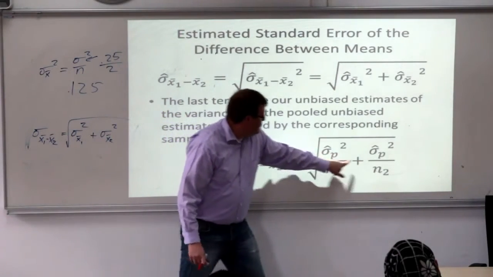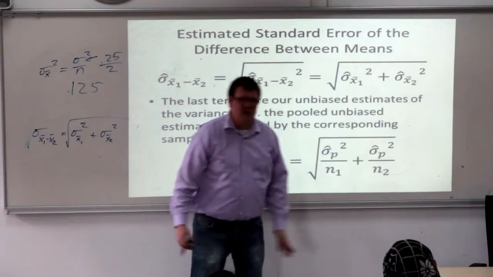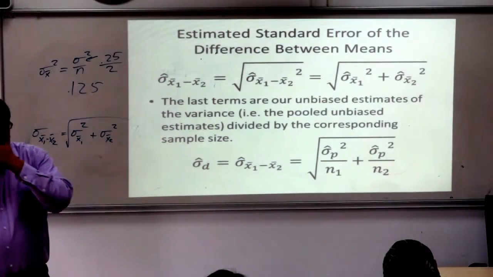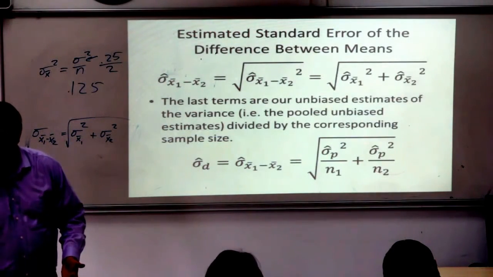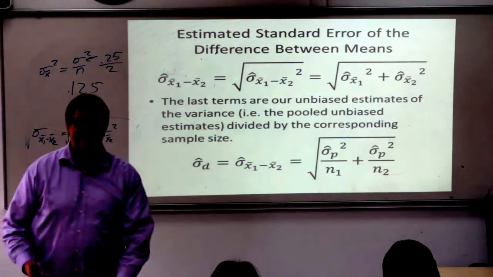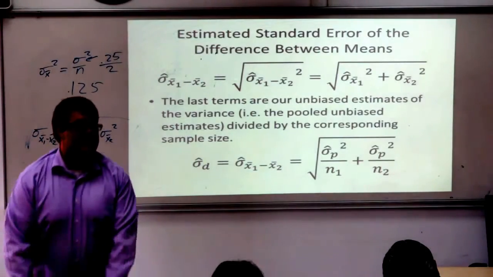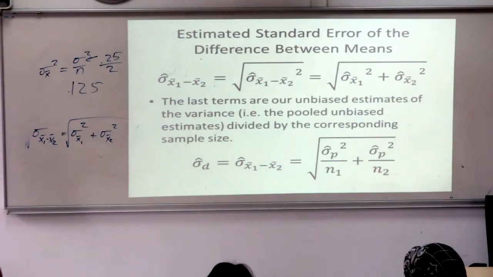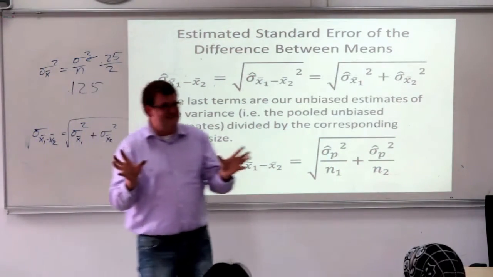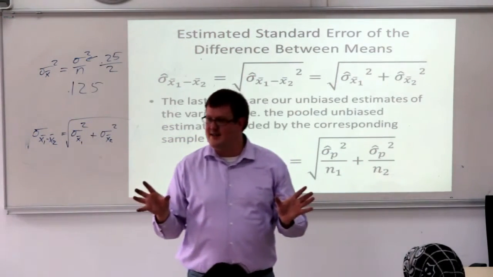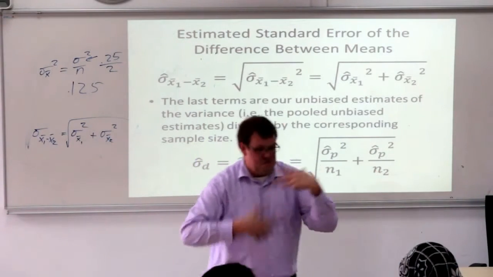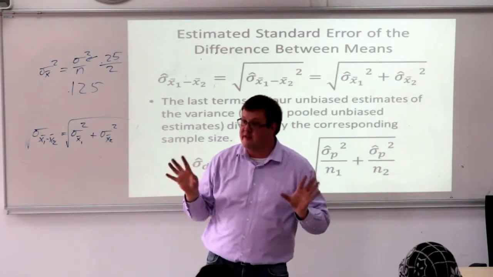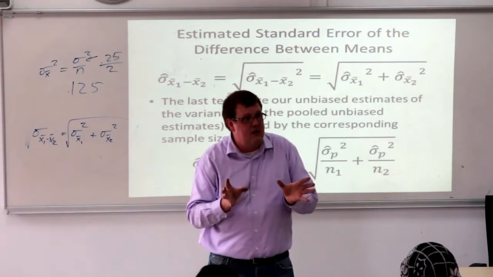Now I've introduced some new notation here. P. What do you think the P is for? Pool. P is for pool. Is that what you said? What did you say? Probability. No, it's not probability, it's pool. It is pool, that's right. It's pool, because we had 2 estimates of the variance. 2 estimates are better than 1. Let's pool them together if we can assume that the variances really should be equal.